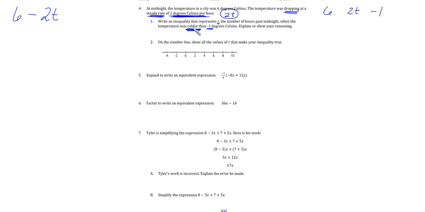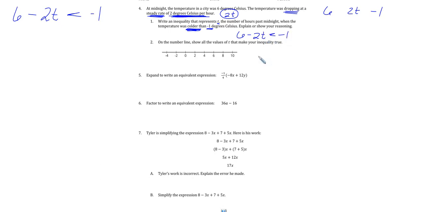That's a key word for smaller or greater. Colder means lower temperature, so I'm going to guess that I need a less than symbol there. It needs to be colder, smaller, less than what number? -1. There's my number 1. I've written my inequality: 6 minus 2t needs to be less than -1.